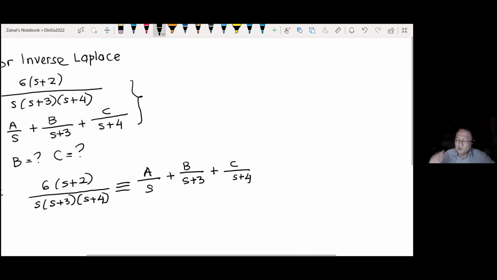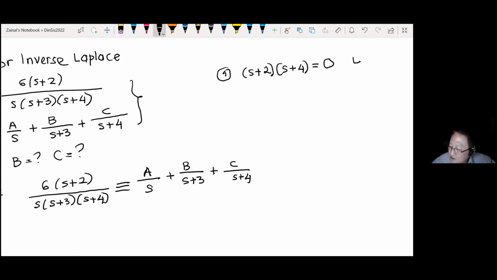Okay, if you have something like s plus 2 multiplied by s plus 4 equal to 0, this one is an equation, persamaan.